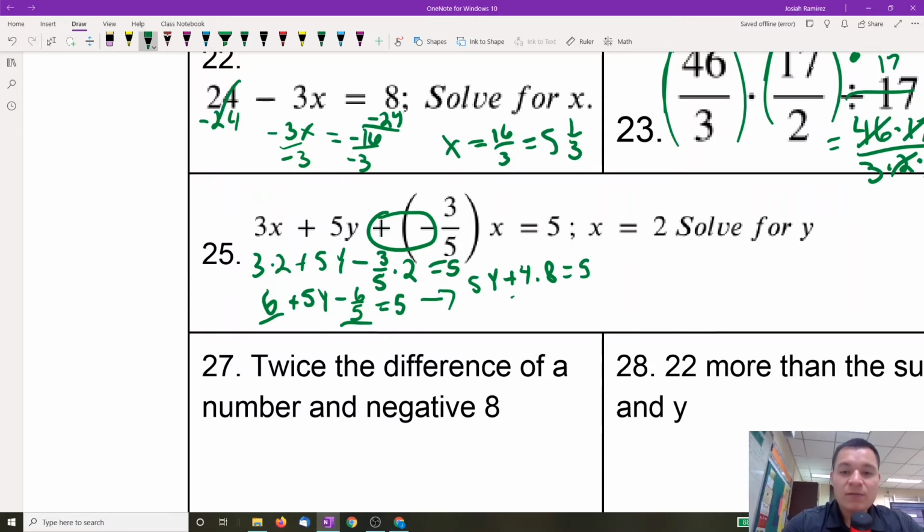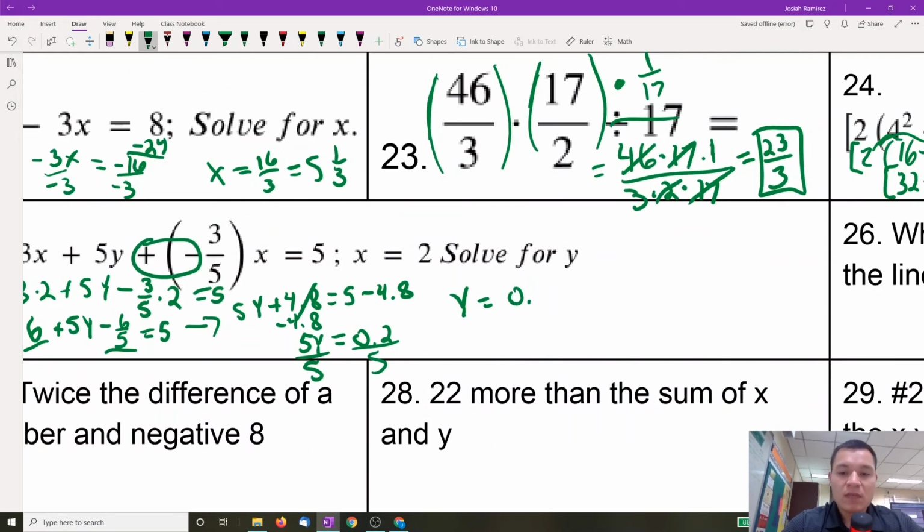We'll subtract the 4.8. 5y is equal to 0.2. When we divide by 5, we're left with y is equal to, I think it's 0.04.